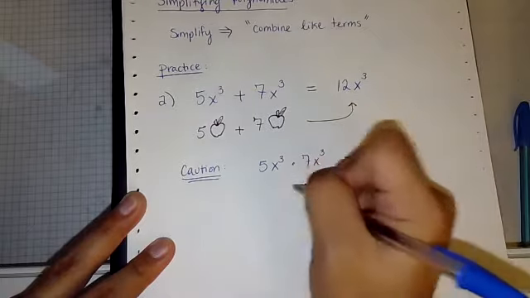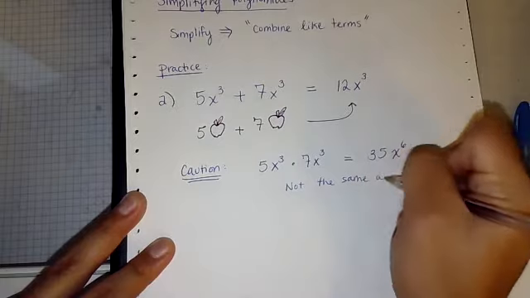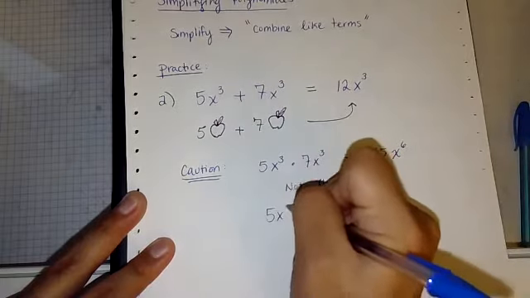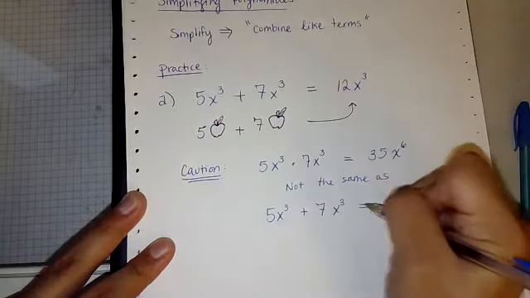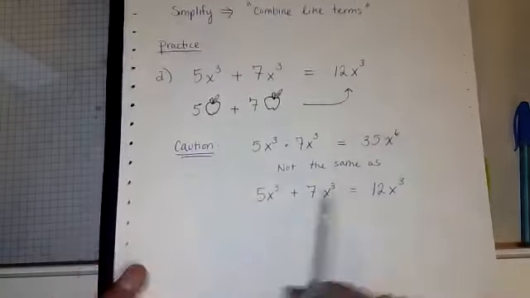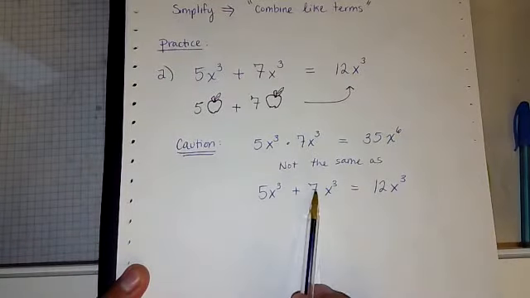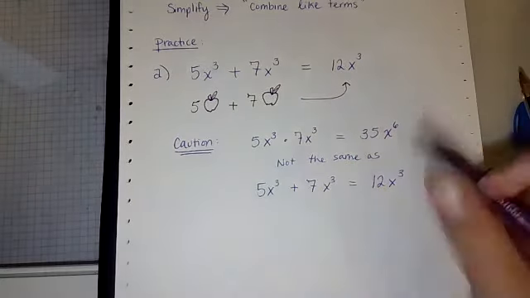But that's not the same as 5x to the third power plus 7x to the third power, where we found that this one came out to 12x to the third. Right, so when you add polynomials or when you simplify or combine like terms, the exponent doesn't change.